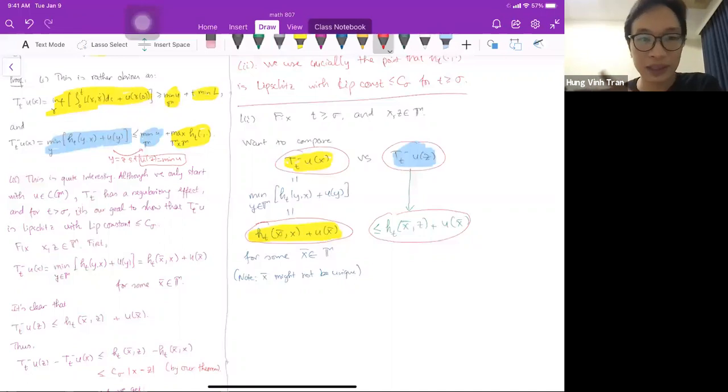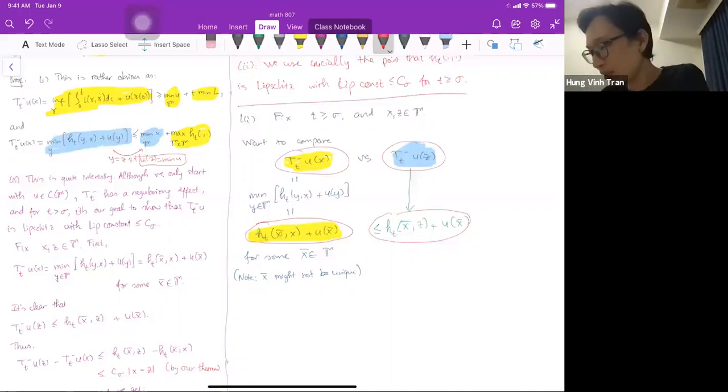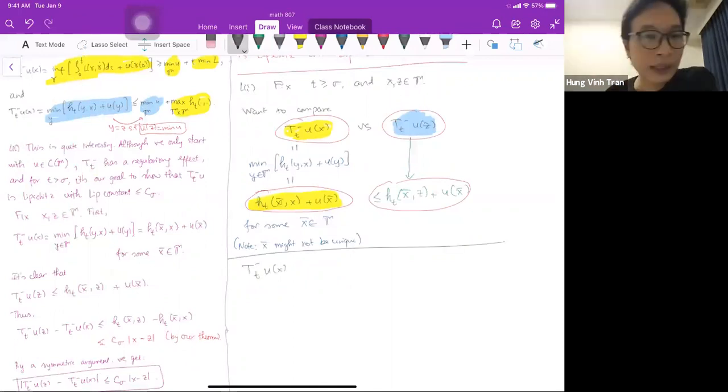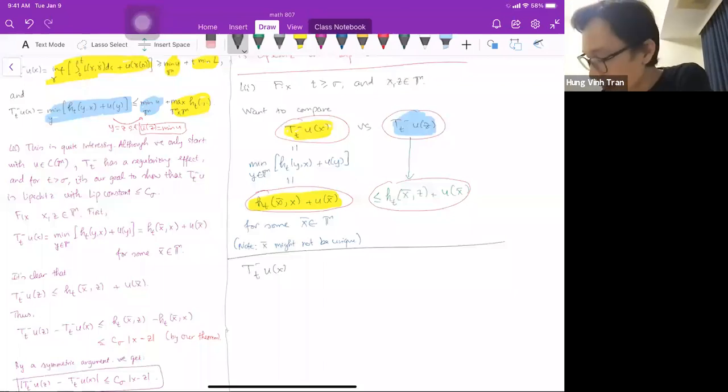It's a very simple idea, but everything is simple so far in this class. We are just building upon things that are simple. So then T_t^-(u)(x) minus T_t^-(u)(z) is less than or equal to h_t(x bar, x) plus u(x bar) minus h_t(x bar, z) plus u(x bar).